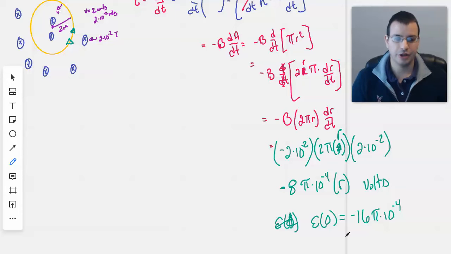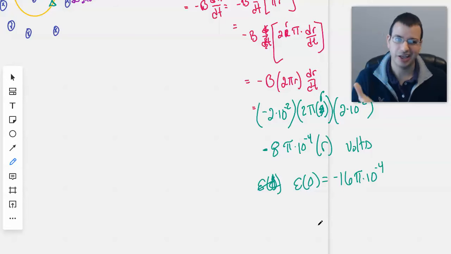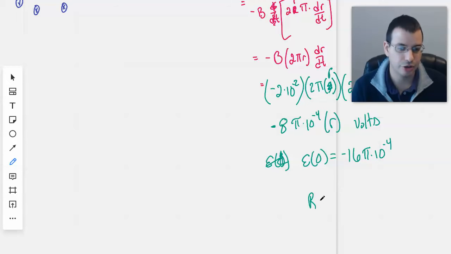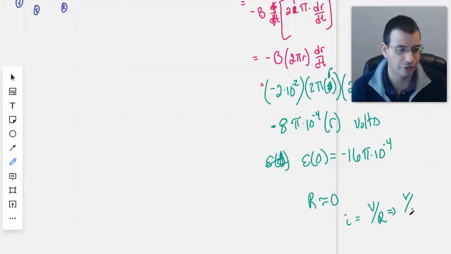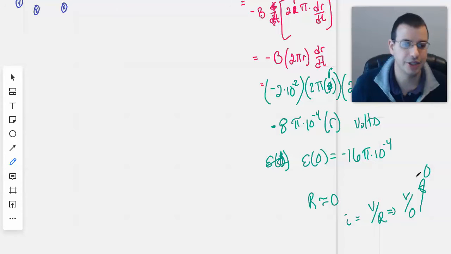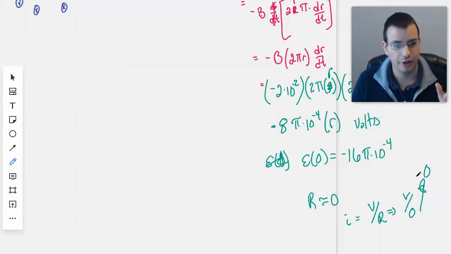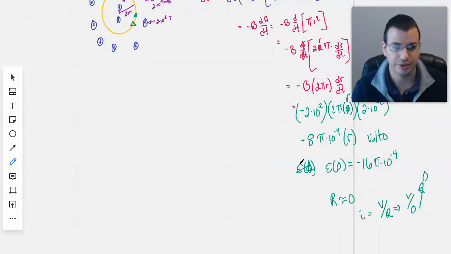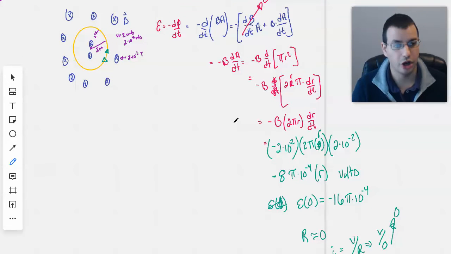Even though it doesn't seem like a lot of voltage, and it's not, if you just have a copper wire it can be a big deal because your resistance is very small. Current equals voltage over resistance, voltage over nearly 0, and then you get a really big current. So just because you have a small voltage doesn't mean you can't have a really big current with it. That can be a risk.